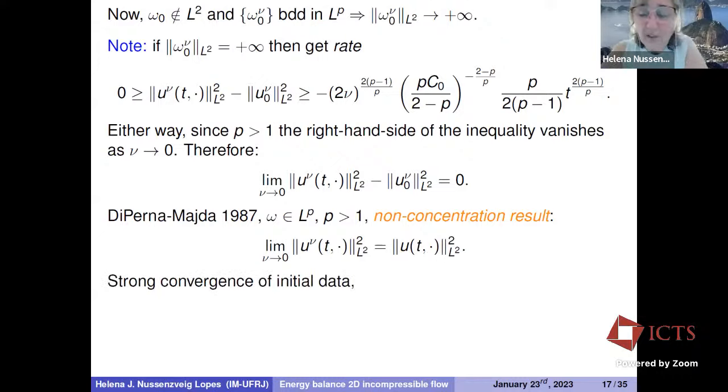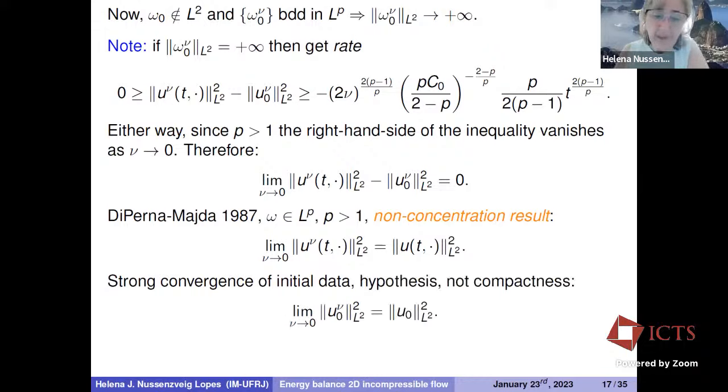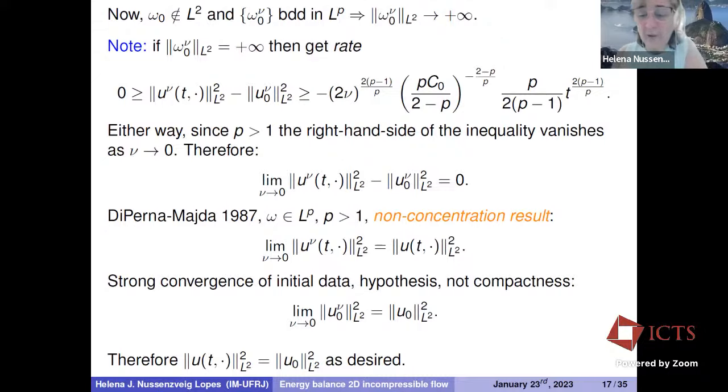So since we assume that we have strong convergence of the initial data, we get that the limit of the kinetic energy of the initial data corresponds to the energy of the initial data for the Euler equation. And therefore, this converges to this, and therefore the kinetic energy for the Euler solution is equal to the kinetic energy for the initial data for the Euler solution. In other words, we have a conservative weak solution.